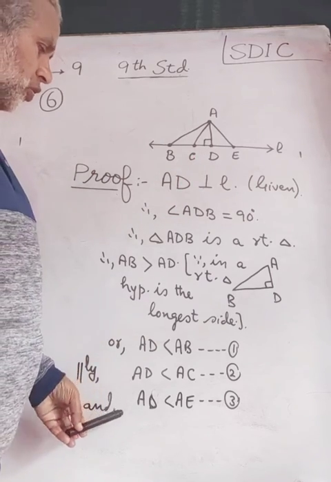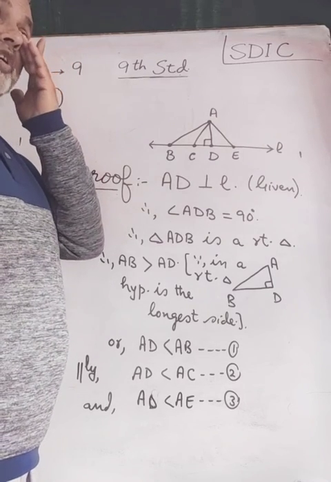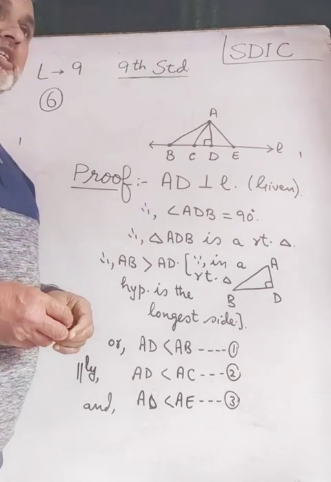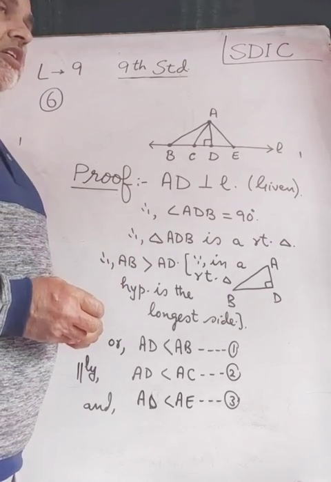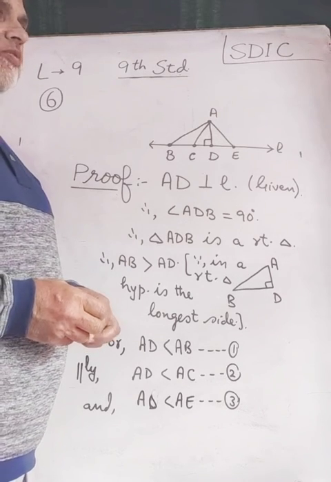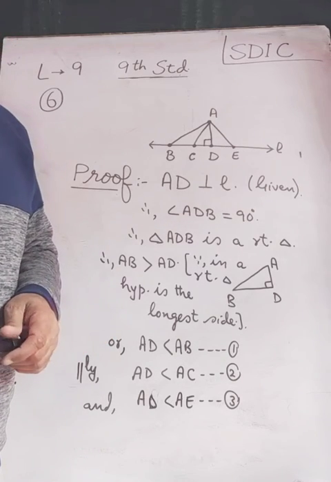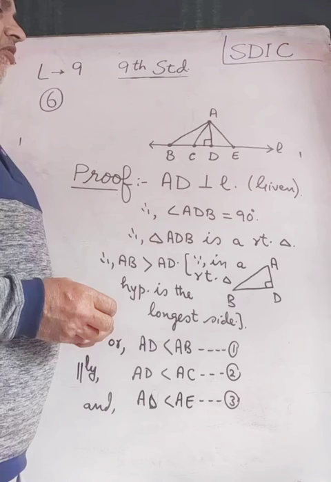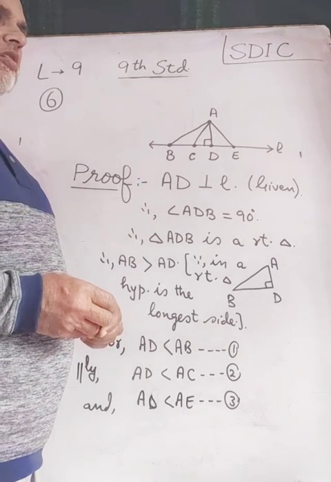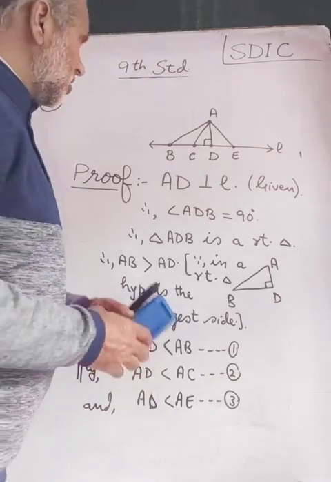So you write, let us conclude this: from first, second and third we have AD is the shortest segment of all the segments drawn from a given point to the given line. With that, this chapter is over.